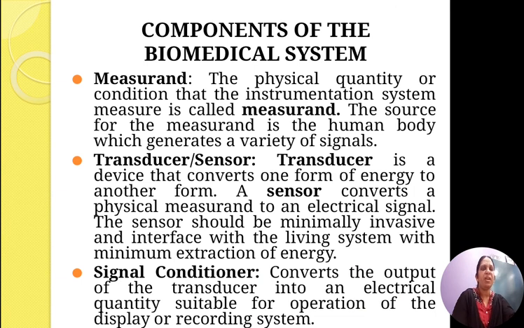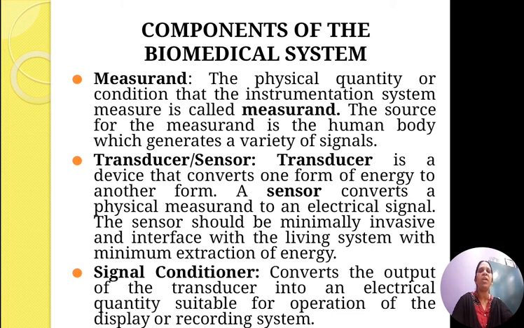The first component of the biomedical system is your measurand. The physical quantity or the condition that the instrumentation system measures is called the measurand. Whatever the quantity which you are measuring, that is called the measurand. The source for the measurand is the human body, which generates a variety of signals. The human body acts as a source of measurand and it generates biosignals.